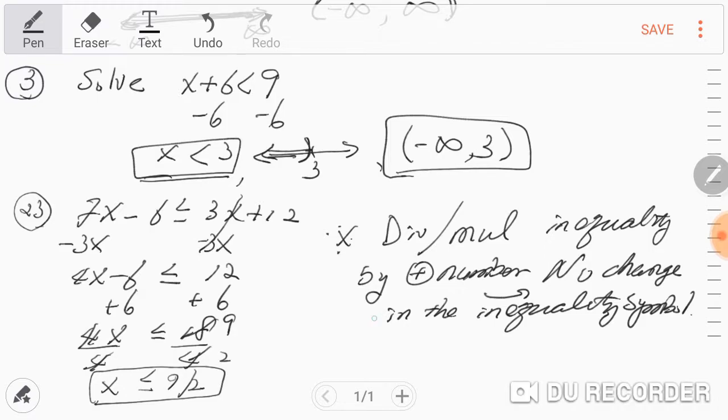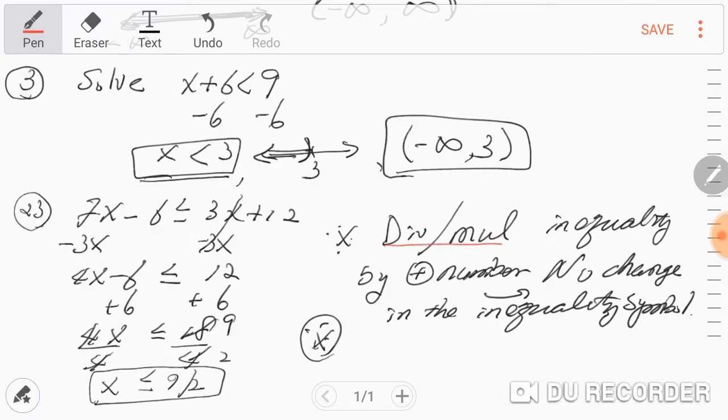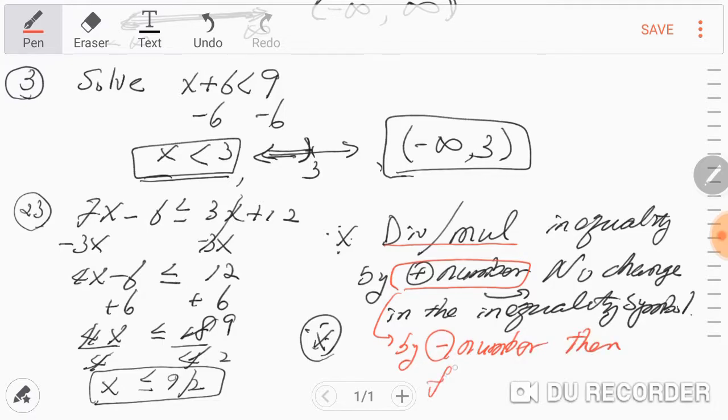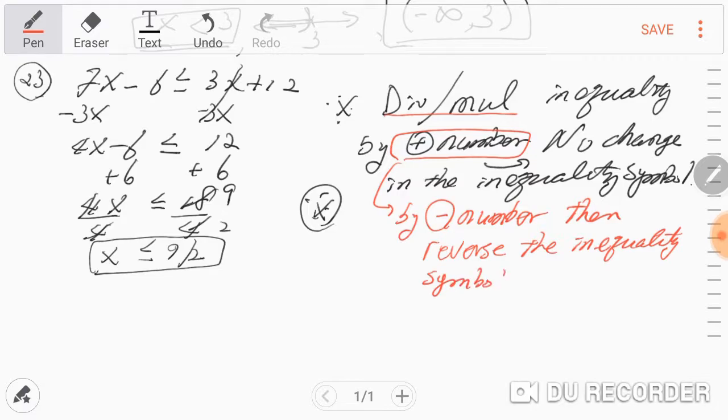But if you multiply or divide by a negative number, then flip, then reverse the inequality symbol.